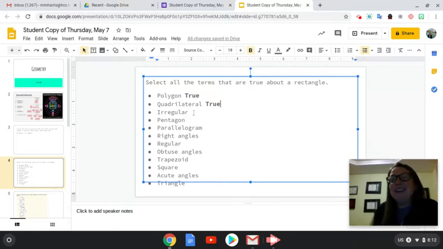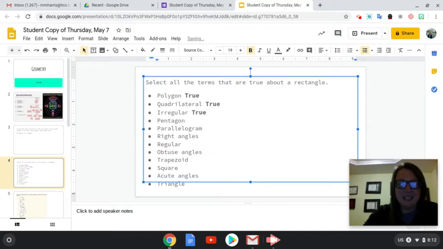Is a rectangle irregular? What does it mean for it to be irregular? If you go back and remember our lesson from yesterday, regular means that the shape has all sides congruent and all angles congruent. Does a rectangle have all sides congruent? No. So this would be false.